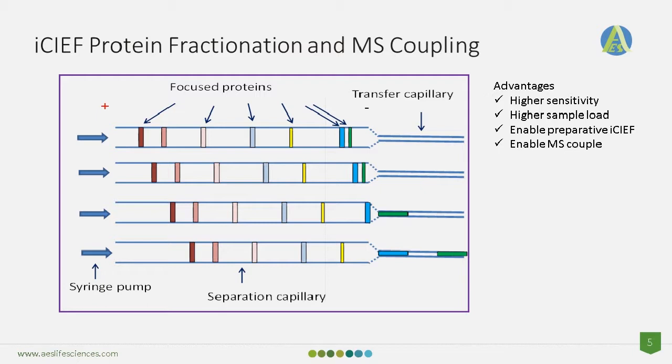Because of the unique proprietary column inner diameter transformation technology, the focused peak, once inside the transfer capillary, will be stretched out. This eliminates the potential peak mixing with the other methods. There are other advantages associated with the larger inner diameter separation capillary, for example, higher detection sensitivity and higher sample load.